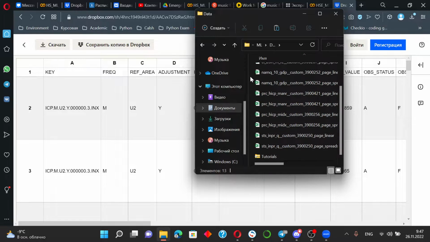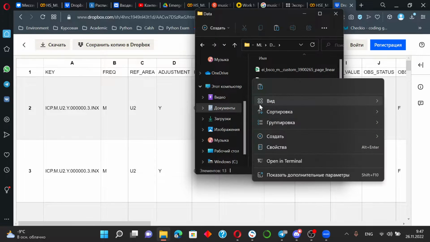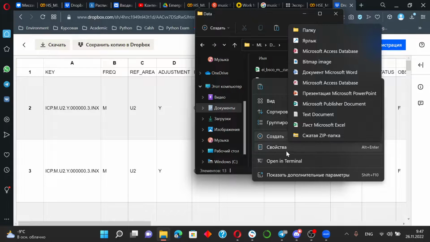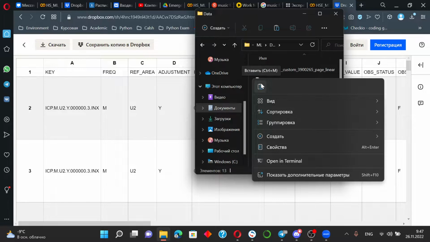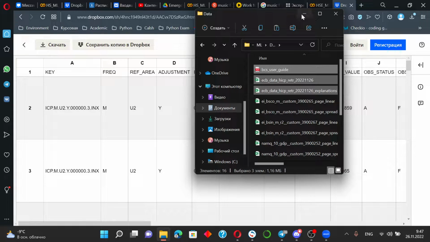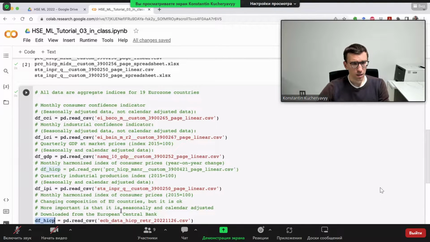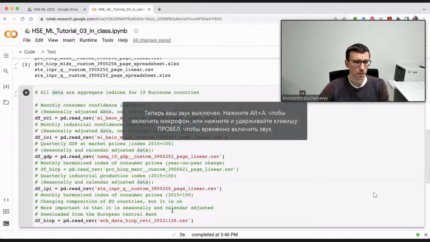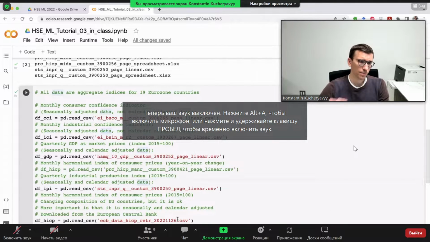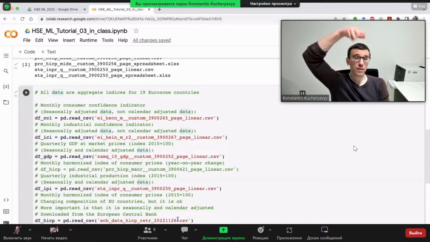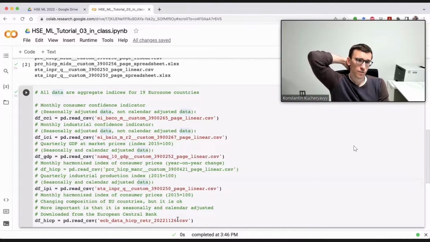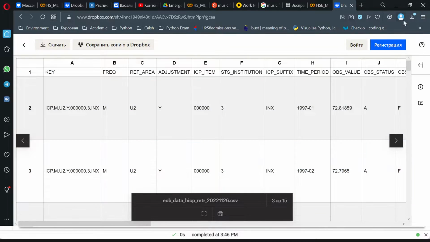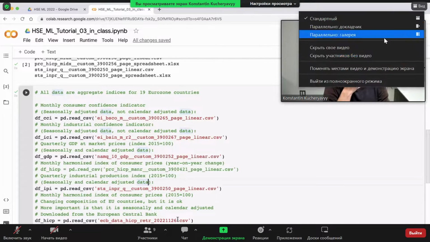And also, there is so-called hard data, which is GDP, the industrial production index, and the harmonized index of consumer prices. They are all seasonally and calendar adjusted. Calendar adjusted means that monthly or quarterly data are adjusted for the number of holidays and working days in each month.